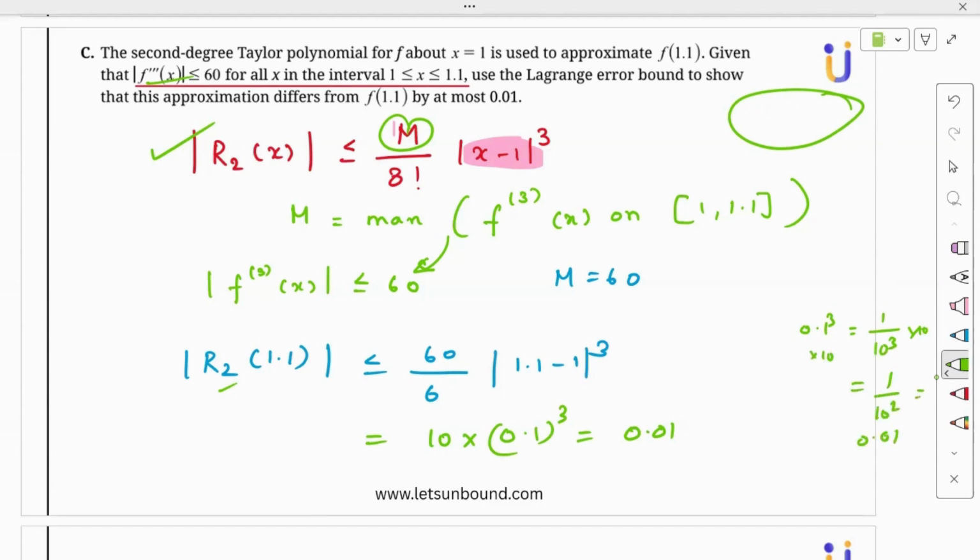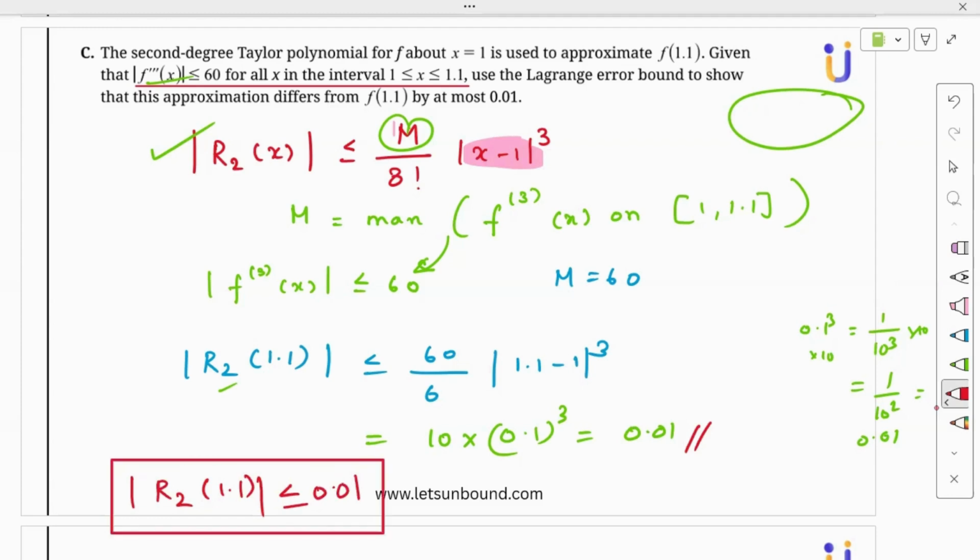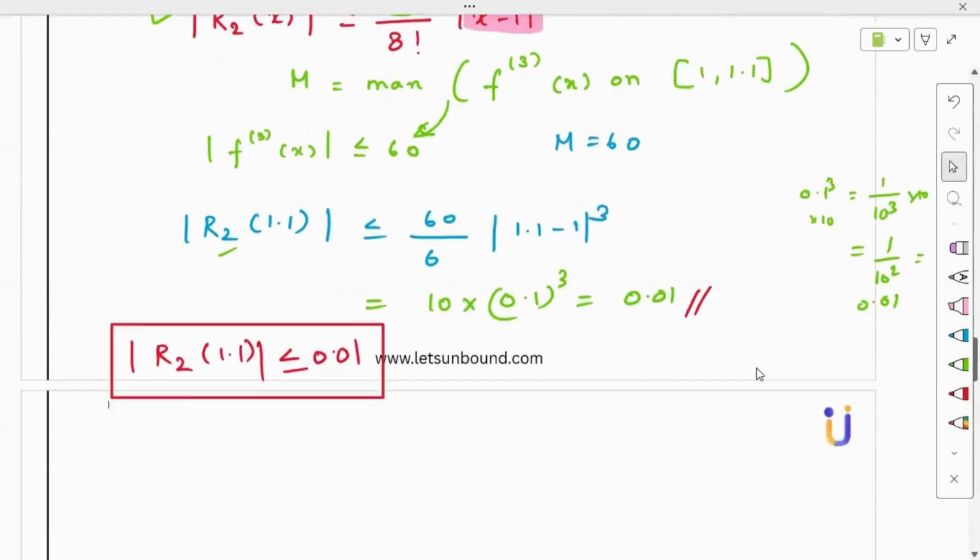This is my way of explaining. So this is the answer. Yeah, I got this. The error bound using the second degree polynomial is less than or equal to 0.01. This is what they have asked us to prove. So yeah, the approximation of f of 1.1 differs from f of 1.1 by at most 0.01. Right, and that's the proof part of C.